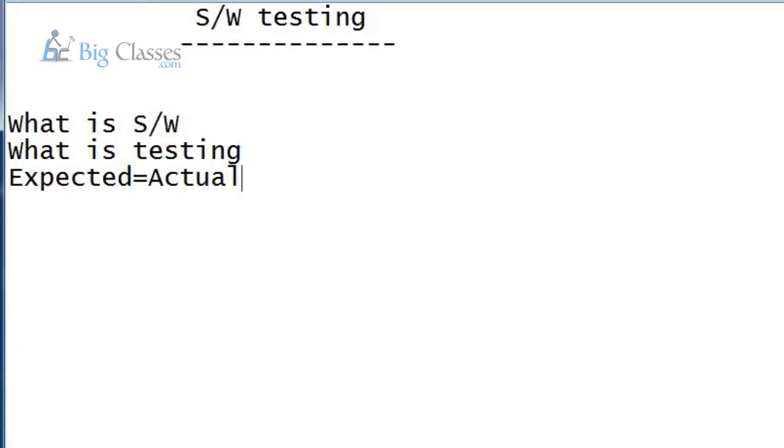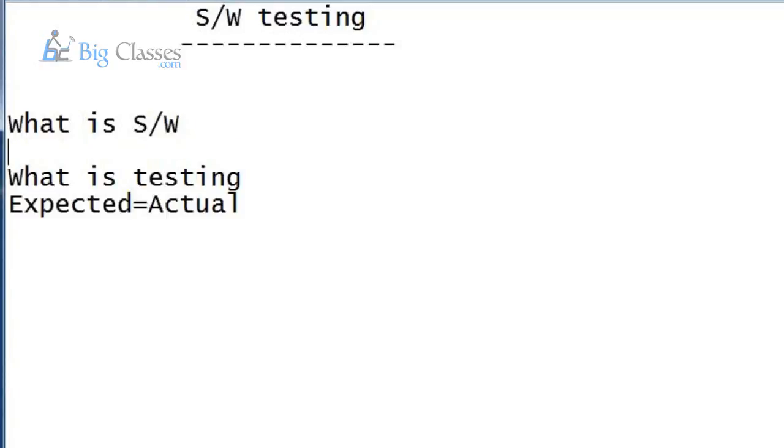See guys, the customer requirement is called the expected value. Based on the requirement, what the developer builds is called the actual value. Not only in the IT industry, anywhere, testing means we should compare both: expected value and actual value.